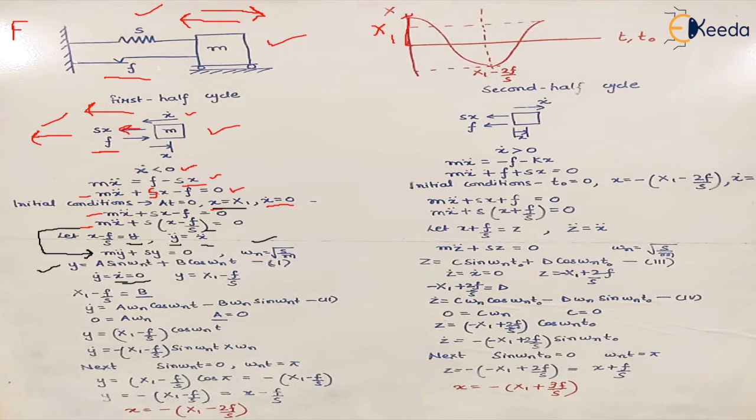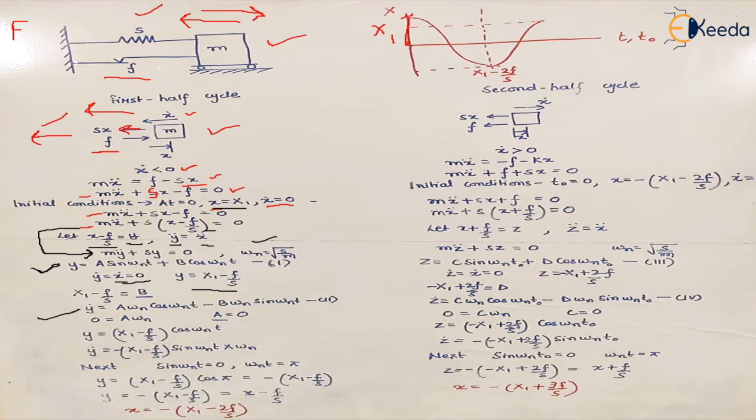So y, which is x minus f upon s, becomes x1 minus f upon s. So we use these two equations, one for the displacement y and one for the velocity of y, which is nothing but the differentiation of y.